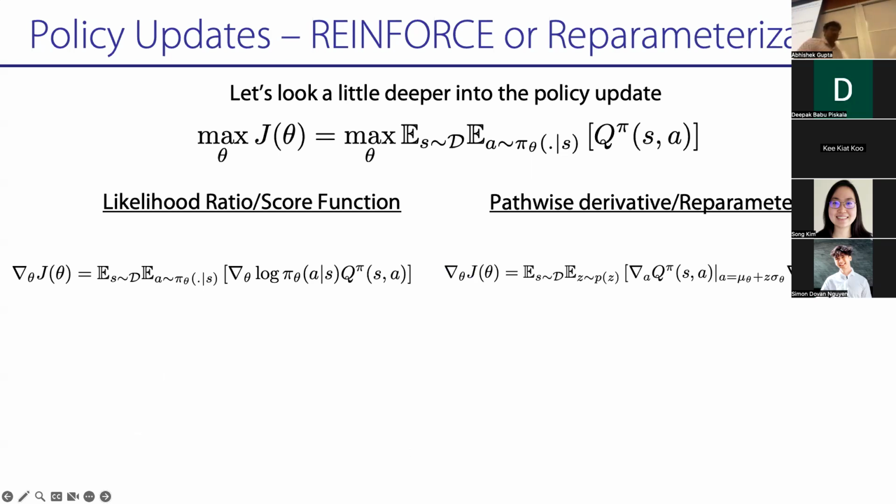The second type of thing, which is used more in practice, is called the reparameterization trick. Have you all heard of this? Anyone heard of reparameterization? This is the same trick that you use in VAEs. Have you heard of VAEs?